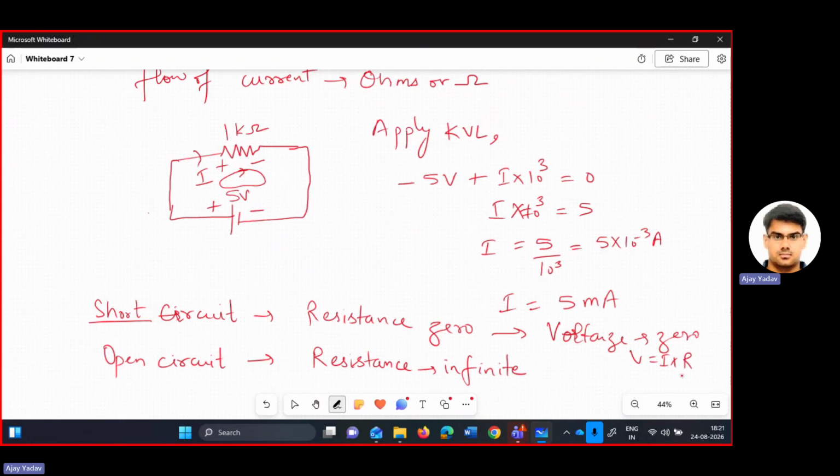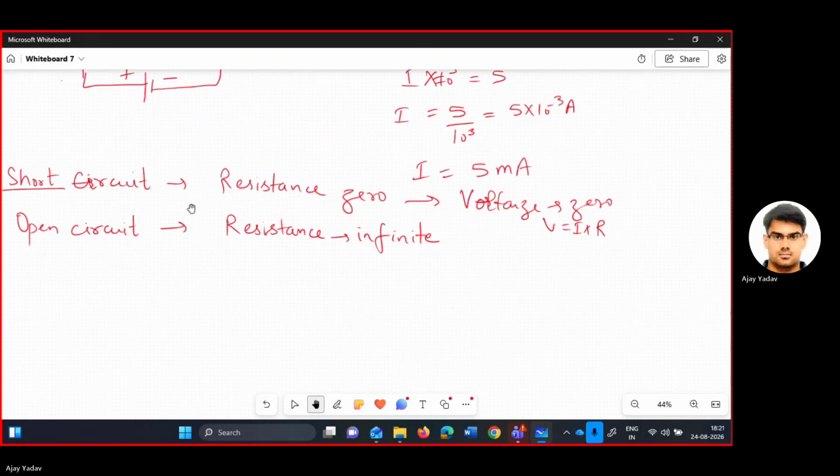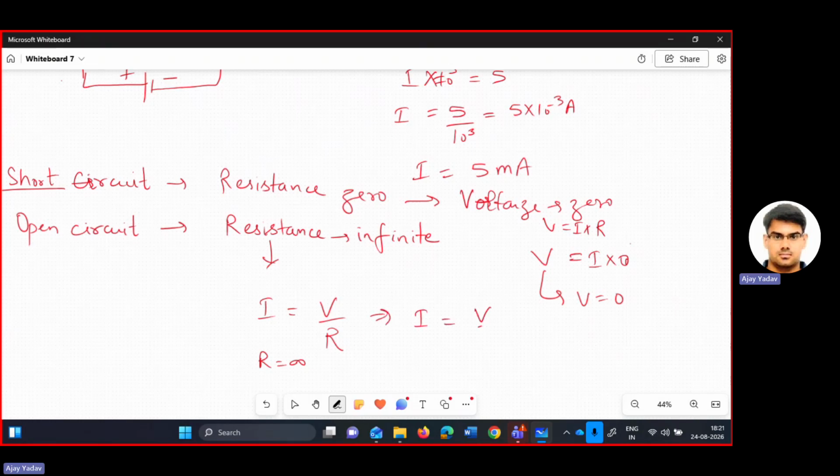When R is 0, in case of short circuit, I into 0 leads to V equal to 0. In this case, I is V by R. So corresponding to the case when R is infinite, your I will be V by infinite, that is 0.